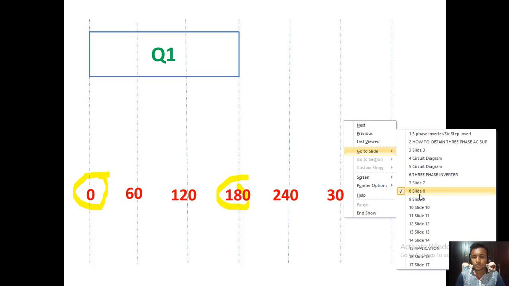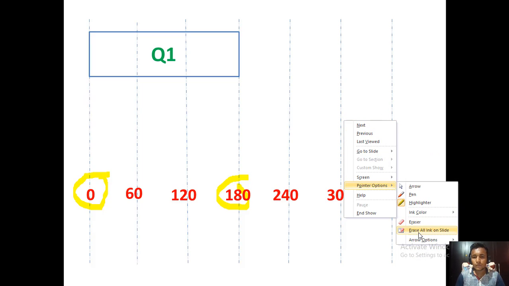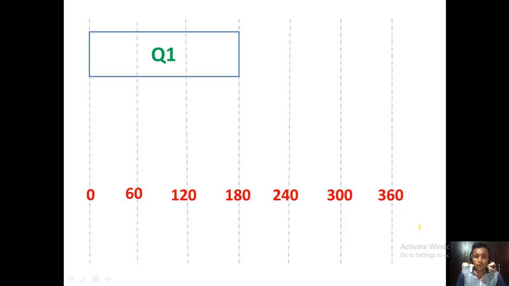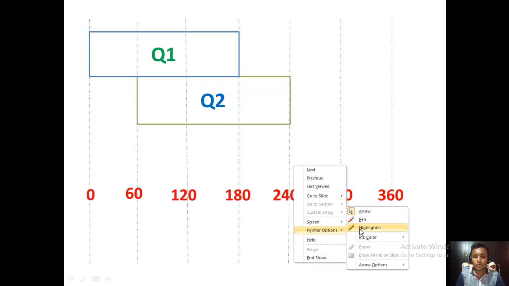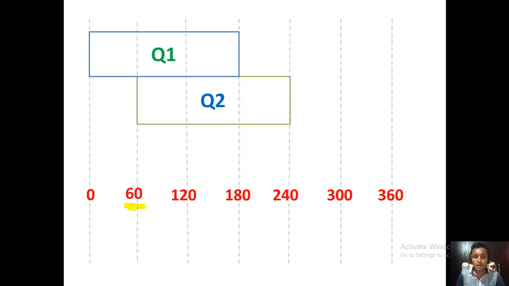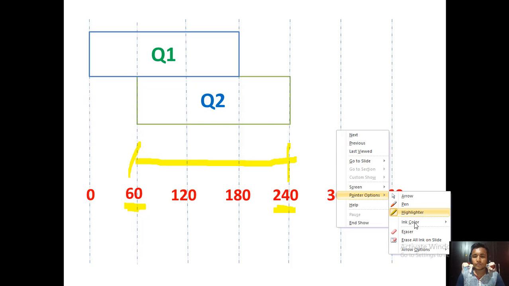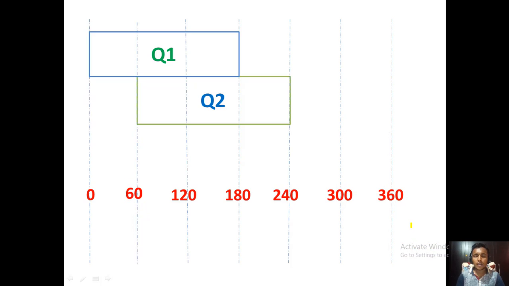Now when Q1 is on, Q2 will be fired at alpha equal to 60 degrees and remains on till 240 degrees. You can see at alpha equal to 60 degrees it turns on, and it remains on for 180 degrees, because of the 180-degree mode of conduction.